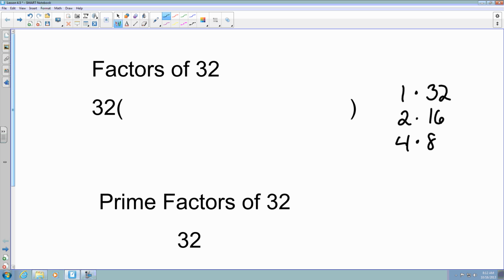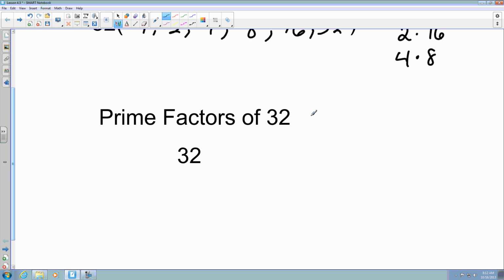So if you're going to list the factors of 32, it's 1, 32, 2, 16, 4, 8. These are the factors of 32.